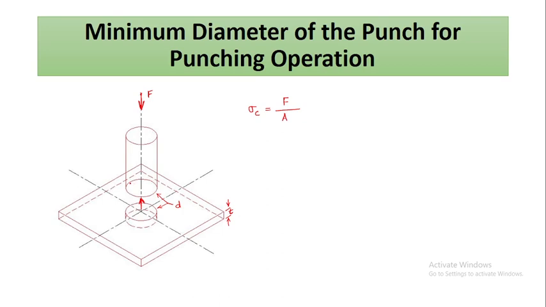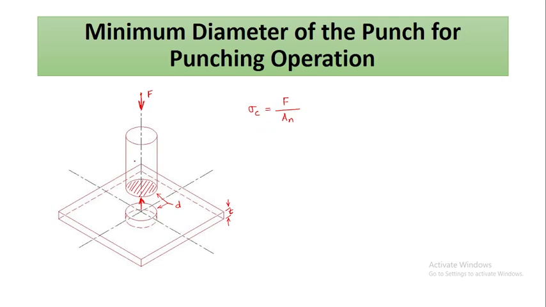Now, area means which area in this case? Area means this area, because this is the normal load, or we can say the normal stress. So as the normal stress is acting, the area will be normal to the force applied.